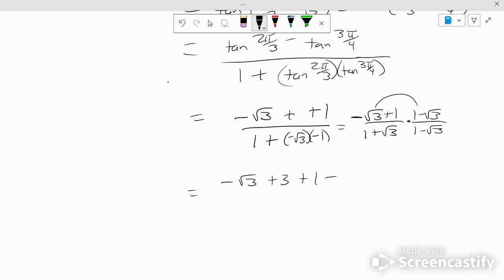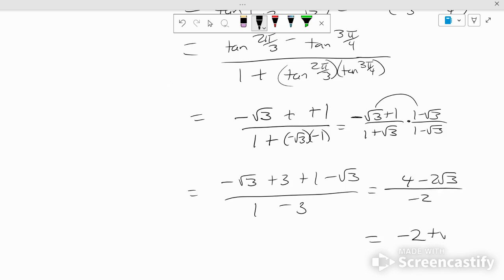Last times last is negative square root of 3. In my denominator, 1 times 1 is 1. Outers and inners and conjugates always cancel. Minus 3. So I get 4 minus 2 square root of 3 over negative 2, which is negative 2 plus the square root of 3.